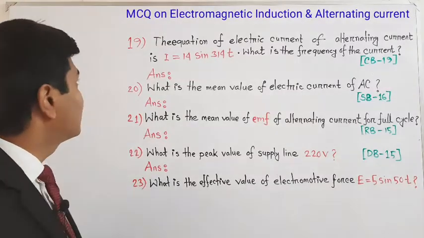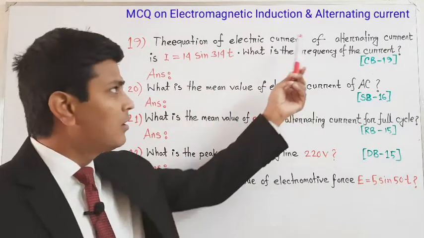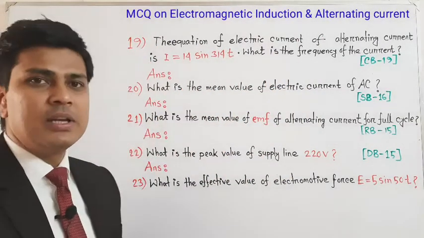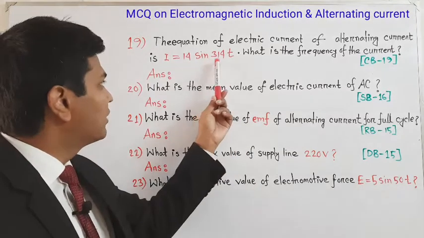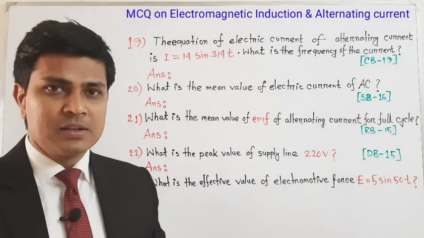Now question number 19. The question is, the equation of an alternating electric current is I equals 14 into sine 314 t. What is the frequency of the current?